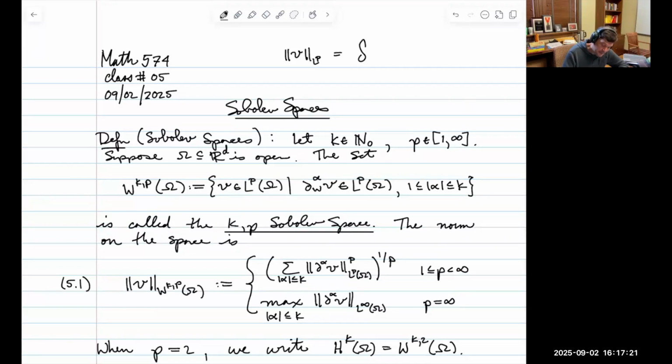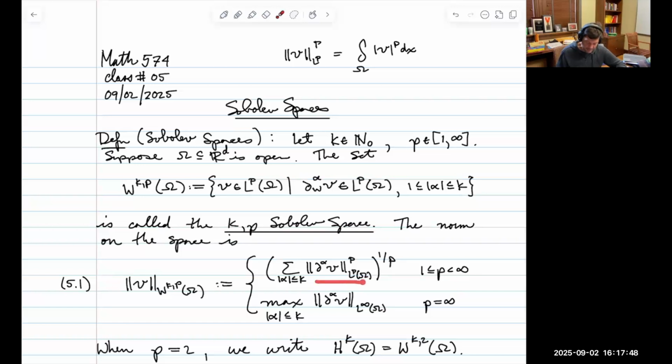You take the integral of the absolute value of the function to the p power, and then you take the 1 over p power of that. So if I raise that to the p power, of course, that just gets rid of this 1 over p power.